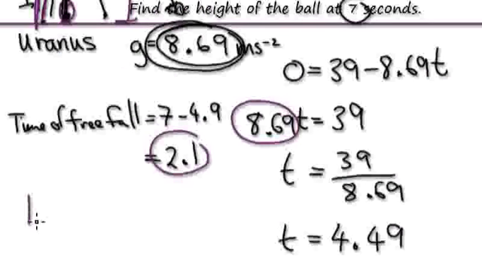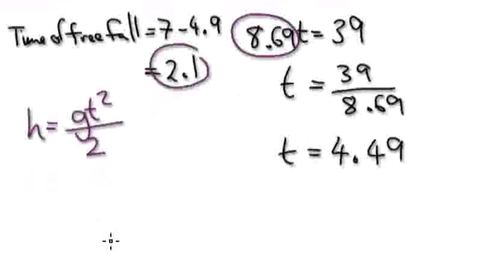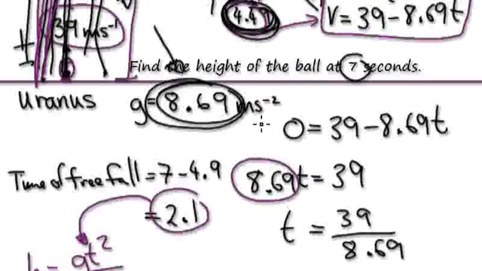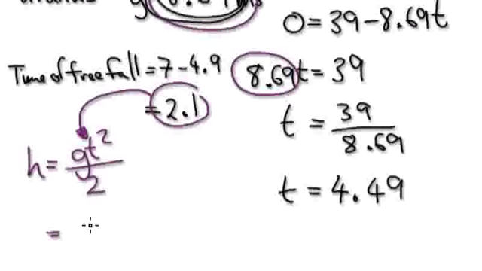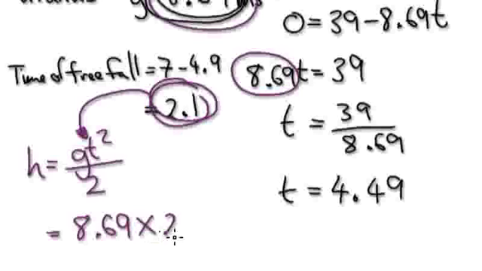Okay, so h. Remember, whenever you have a free falling object, jump to this equation straight away: gt squared over 2. Now the time of free fall is 2.1, so you've got to put that in there. Gravity on Uranus is 8.69, and then we've got to times it by the time of free fall, 2.1 squared.